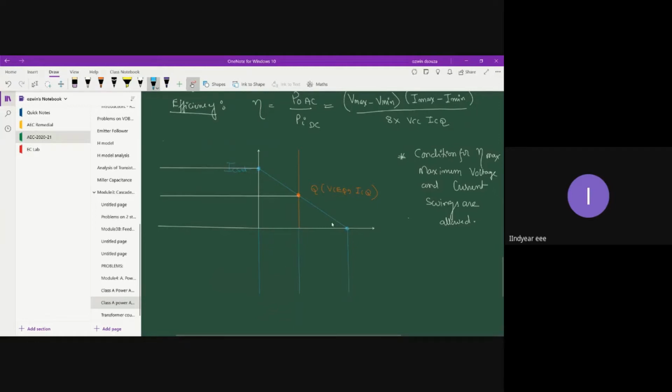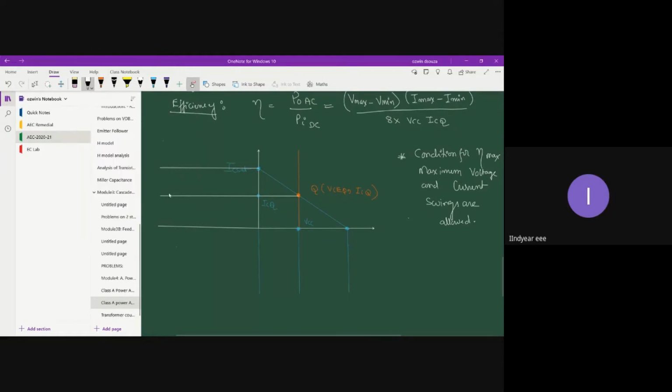Now that we have drawn our guidelines, you will be able to plot the waveform. You remember, this value is your VCC, which is equal to VCEQ, and this is your ICQ. Now let us draw the signals.